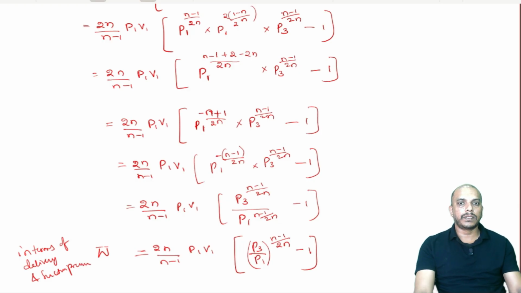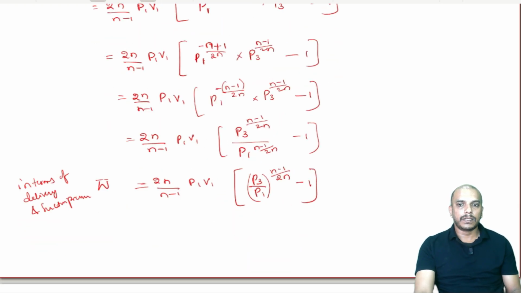Now, we can generalize as usual, where n is equal to the number of stages. Okay, so n is the number of stages. For 2 stages we had got 2.